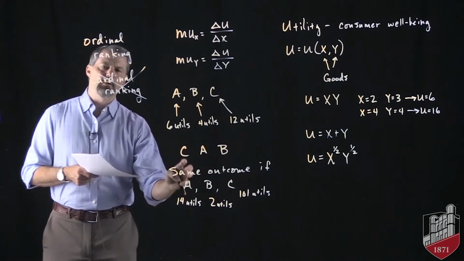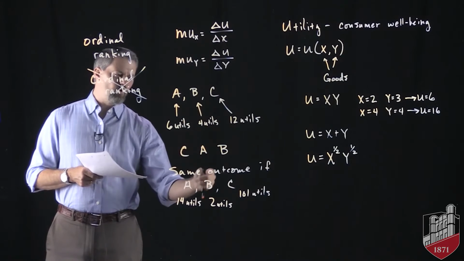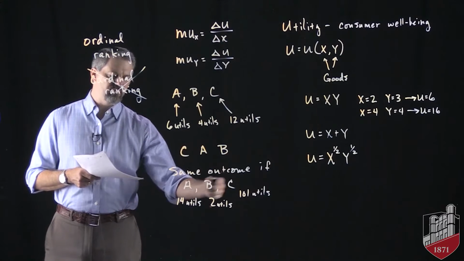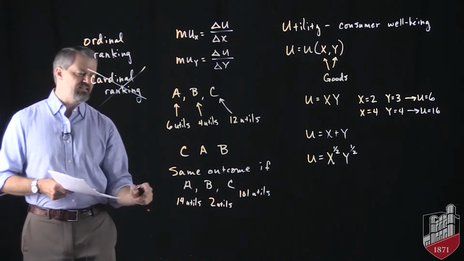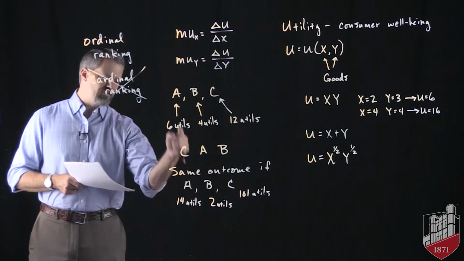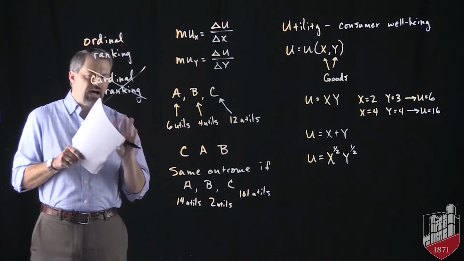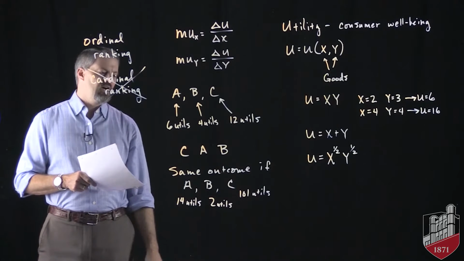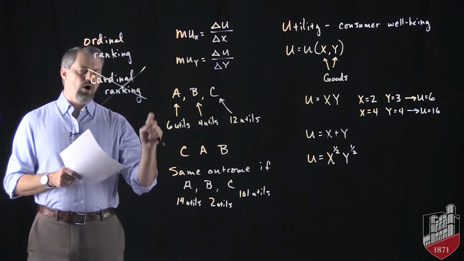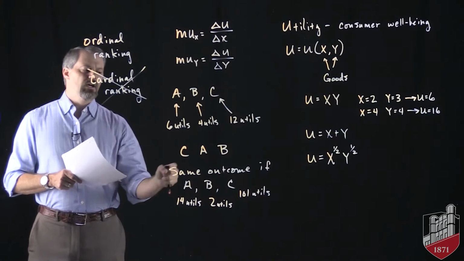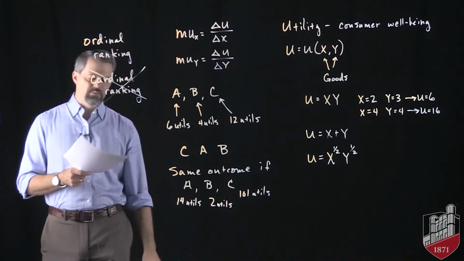And then this was a different person, and when we plugged in the amounts for the bundles into this person's utility function, it gave us these numbers. We would never say that this person likes bundle A more than this person. We would not make interpersonal comparisons. All we care about is the ranking. If these were two different people, all we would say is these two people have the same ordering of preferences in terms of those bundles.